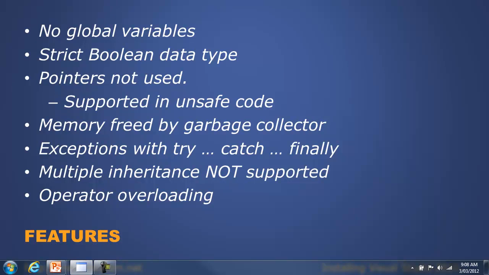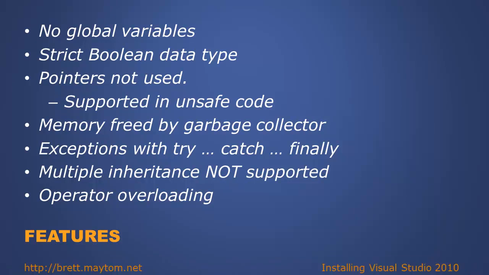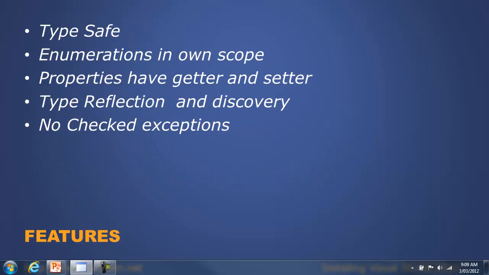Exceptions are wrapped in a try-catch block with a finally statement that will always run regardless of success or failure. Unlike C++, C# does not support multiple inheritance. The C# language supports operator overloading. Data is by default type safe unless explicitly declared using unsafe code.